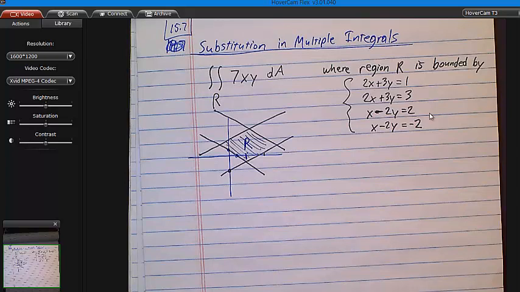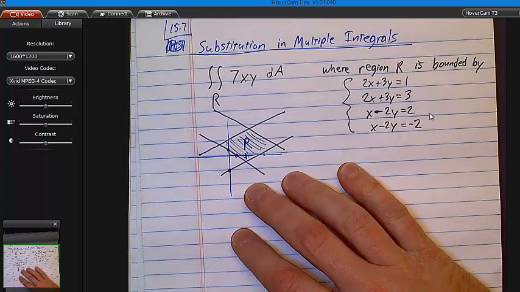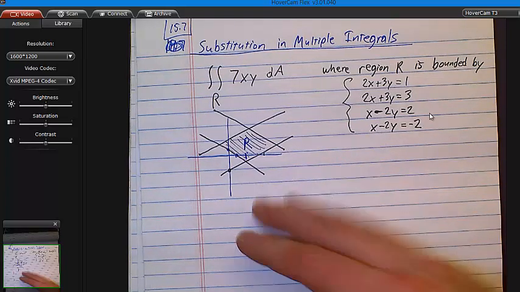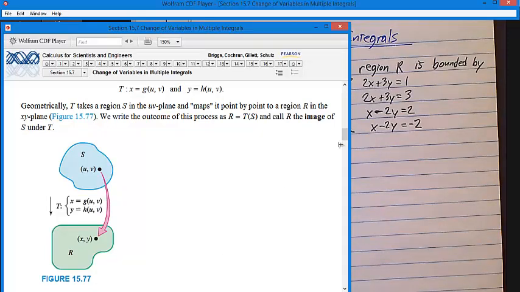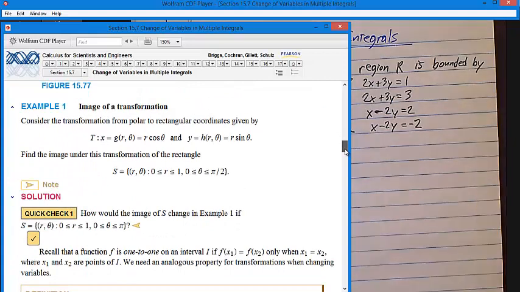So sometimes the shape of the region R dictates that what we really want to do is a transformation, a change of variables similar to what I demonstrated in that first picture. Your book is going to talk about exactly the theory behind these transformations, and I'd like to show you just a little bit. The image of a transformation.